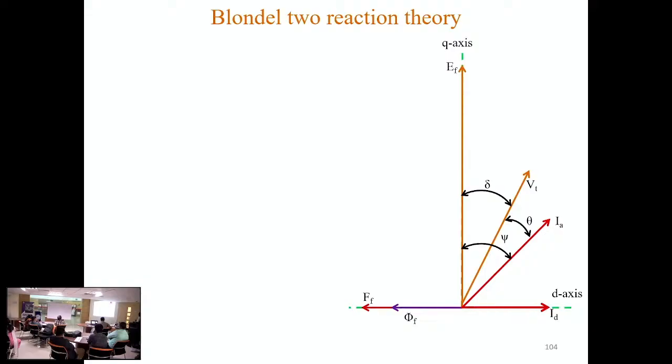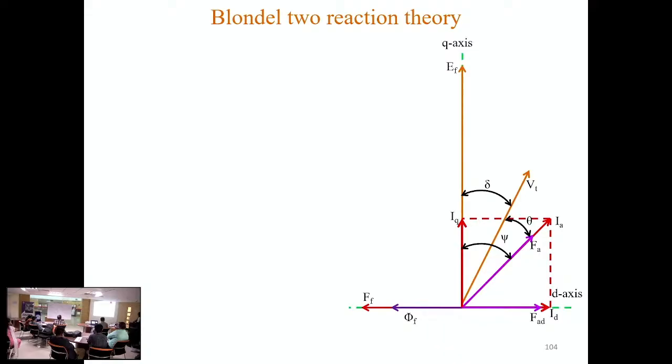Now resolve IA into two components. One is ID along the D axis, and another is IQ along the Q axis. So these are the two components of armature current, ID and IQ. These two currents will face two different reluctances, one along the D axis, another along the Q axis. Now draw FA along IA, and it will again have two components.